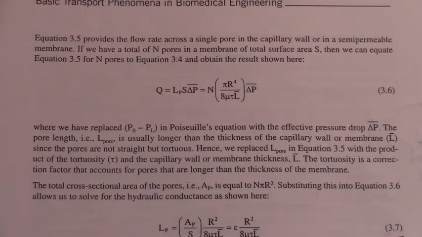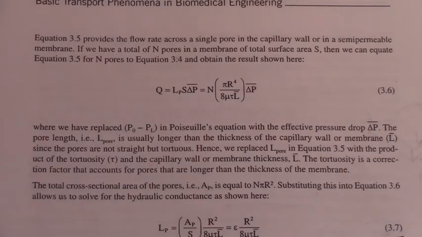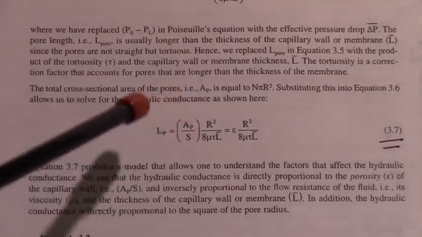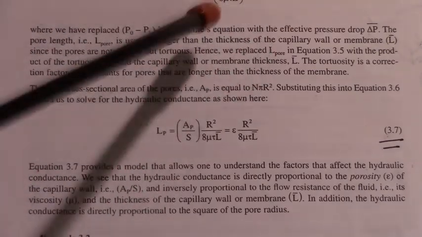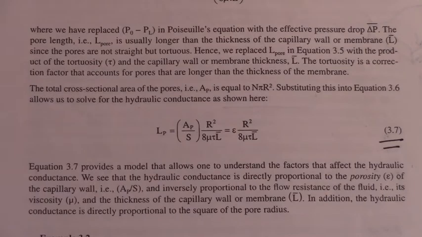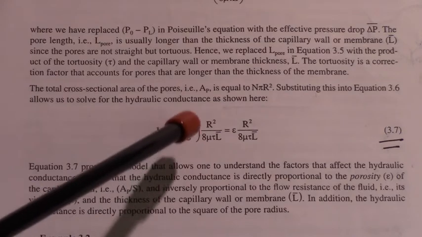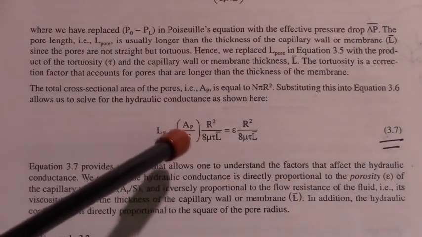You put that expression in for N, and you get equation 3.7. Solving for LP, notice that the effective pressures cancel out. So this model is independent of the pressures, which is kind of cool. That's gone, and we end up with this ratio of A sub p over S, the pore cross-sectional area divided by the total membrane surface area.